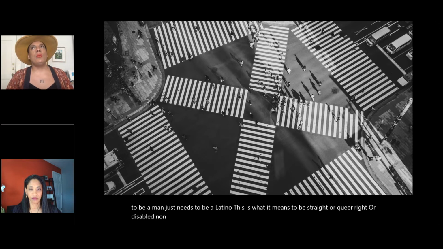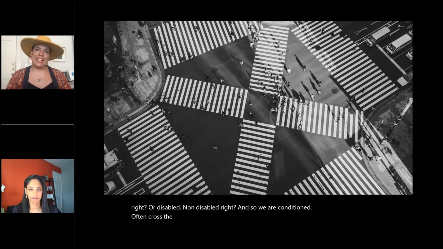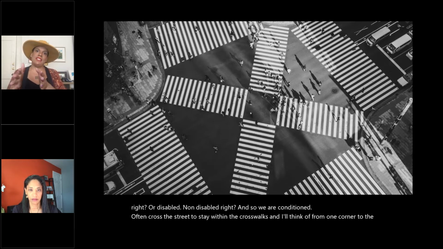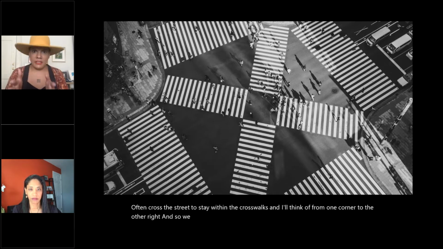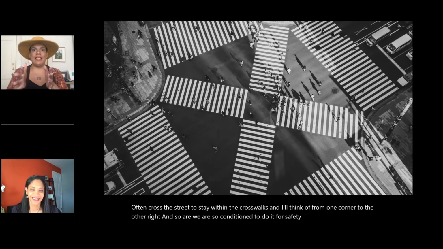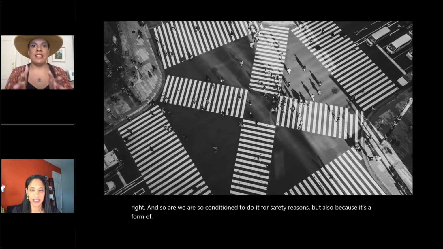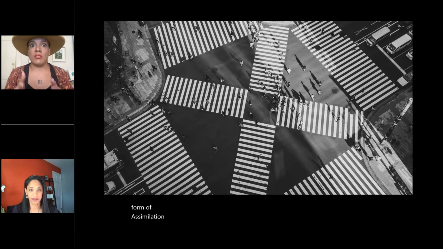And so we are conditioned when we cross the street to stay within the crosswalks and go from one corner to the other. We are so conditioned to do it for safety reasons, but also because it's a form of conditioning around assimilation and where you belong, and how to dictate how you live your life.